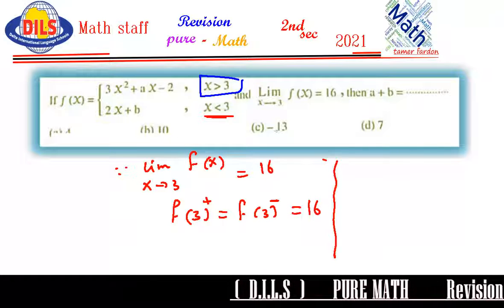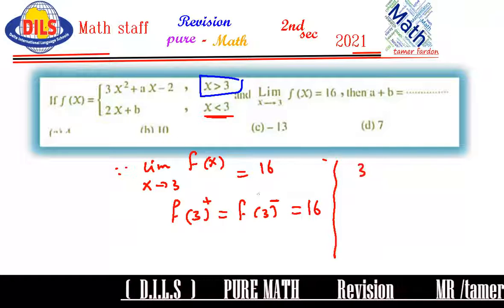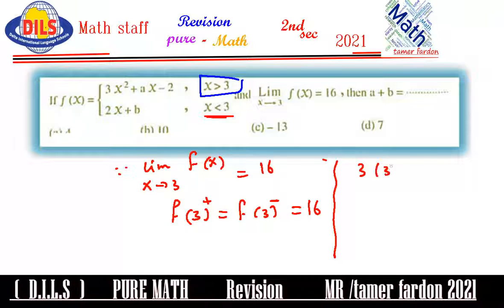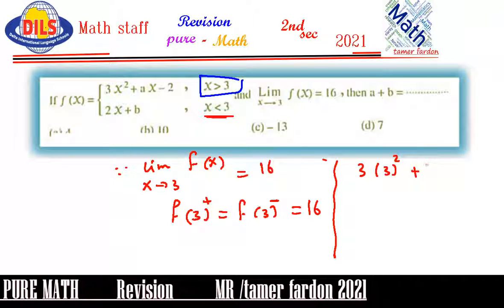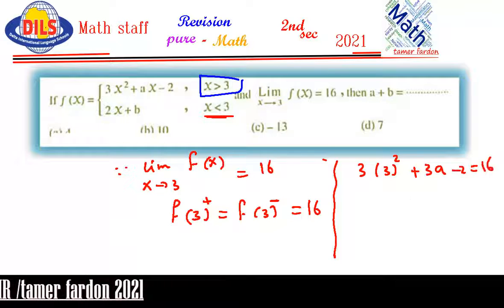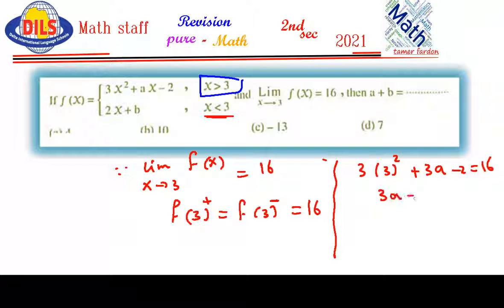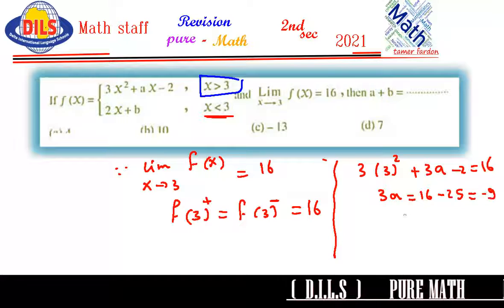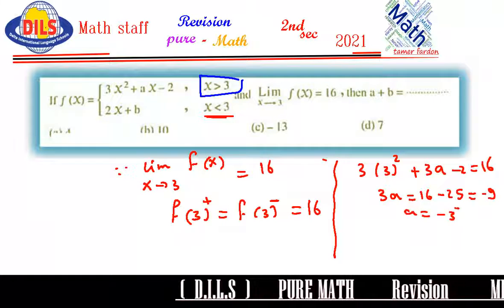So 3 times 3 power 2 plus 3 times a minus 2 is equal to 16, so 3a equals 16 minus 25 equals negative 9, so a equals negative 3.